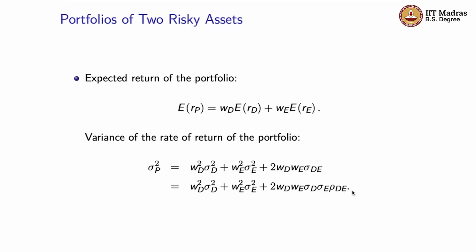Okay, so the second expression that we have here, the one involving correlation coefficient, is useful to draw a few insights, right? So suppose that we have given the values of sigma D and sigma E, but maybe the values of rho are something that can be varied, okay? So the question is, what's the highest value of variance of the portfolio that you will get based on this?